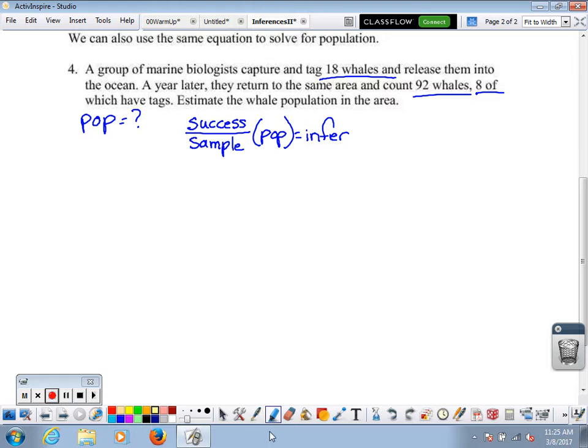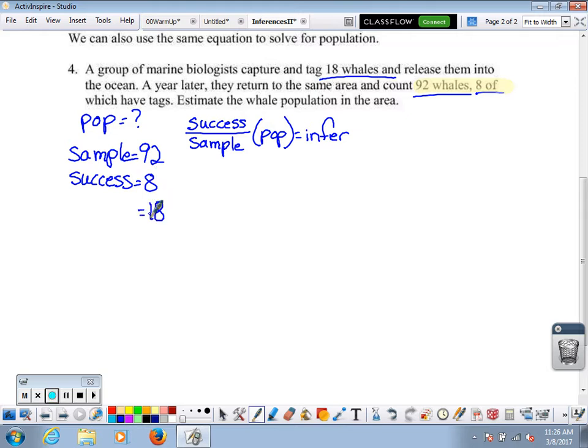Well guys, these 92 whales that they counted, and 8 of whom had tags, that's our sample. That's the survey that they did. So our sample size is going to be those 92 whales that they counted. And the success are those 8 whales with tags. So that means we have these 18 whales left over.